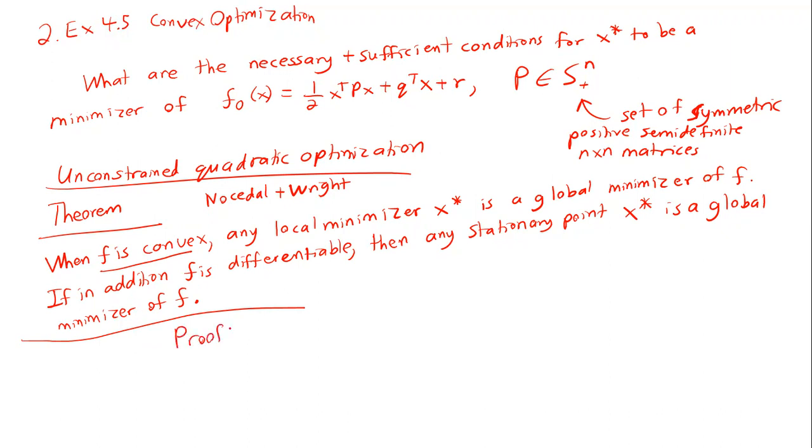So the proof goes that in the first sentence, let's do a proof by contradiction. So we're going to say, suppose X star is a local minimizer, so it meets half the conditions, but not a global minimizer.